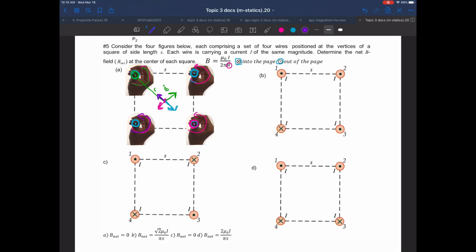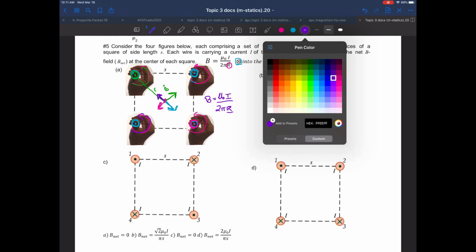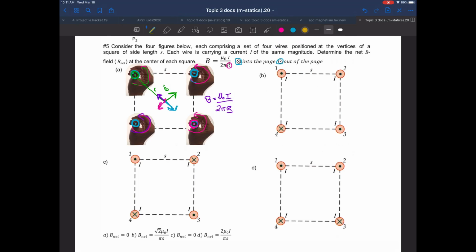So then let's think of the value of these B's. Every one of these B's that we drew has the same mu naught. It's constant everywhere. All the currents are carrying the same value I. And then our distance R, what is that? R is how far the current is from the point that we're talking about. So this distance here is R, which I highlighted earlier.